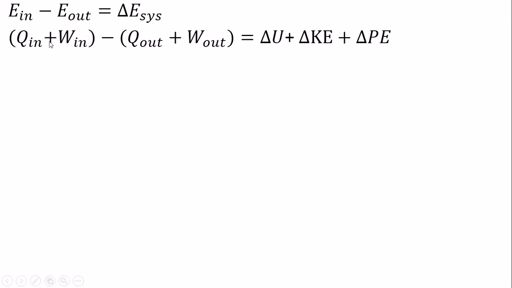And delta E of the system is always the change in internal energy, change in kinetic energy, and change in potential energy. This is only applicable for a closed system.